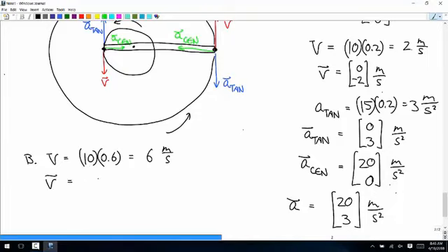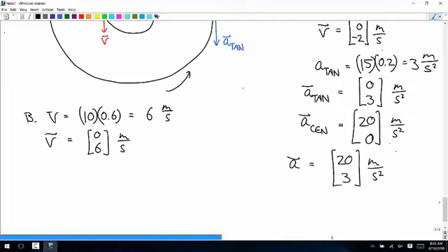So the velocity vector is 0, 6. So notice, the directions of the velocities are different for the different points on the same body. But the magnitude and the sign of the angular quantities are the same.